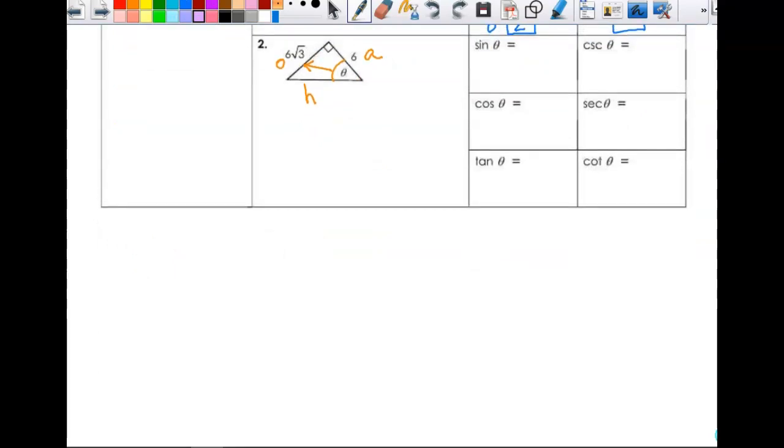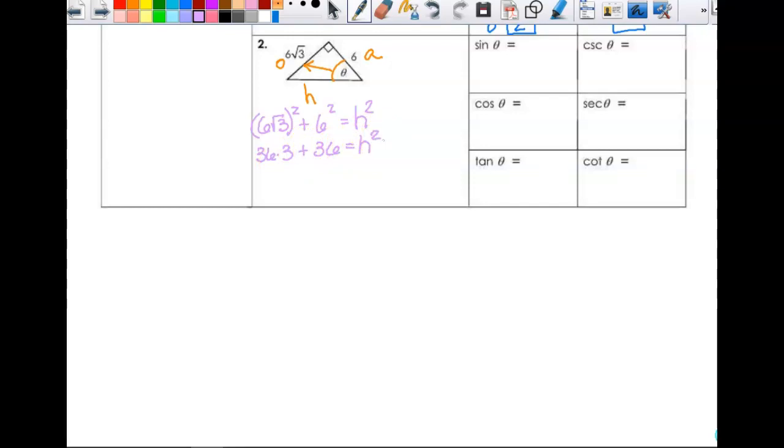All right, so that would be 6 squared to 3 squared, but it has to look like that. And then plus 6 squared equals h squared. How do I square 6 squared to 3? 36 times 3. This would be 36 times 3 plus 36 equals h squared.